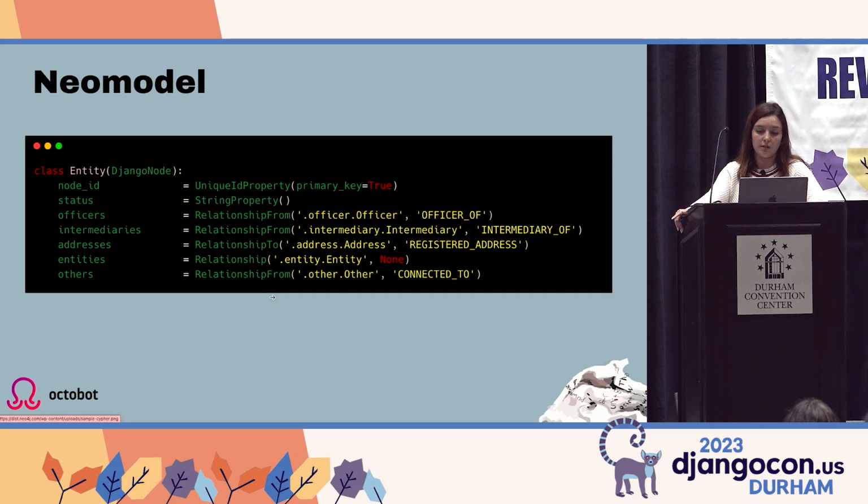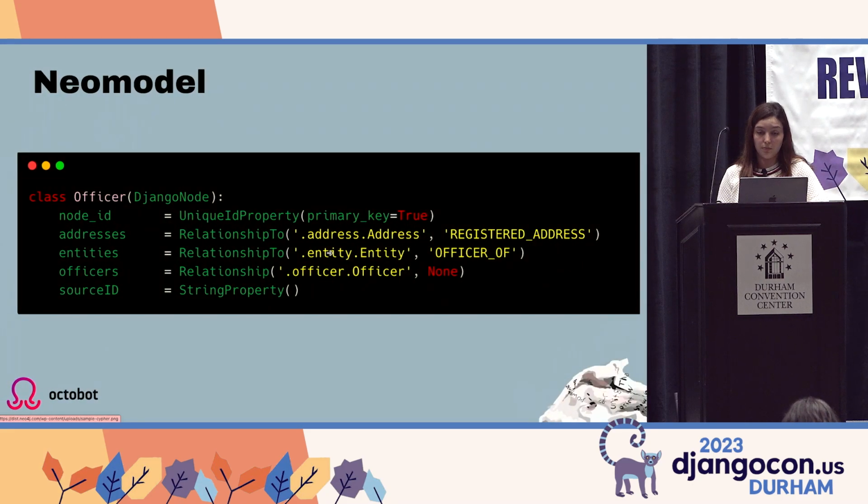Nodes are defined in the same way classes are defined in Python, with the only difference that we must define properties as neomodel property objects. And we also have to define which is going to be the ID. In this example it is node ID, and we just write UniqueIdProperty.